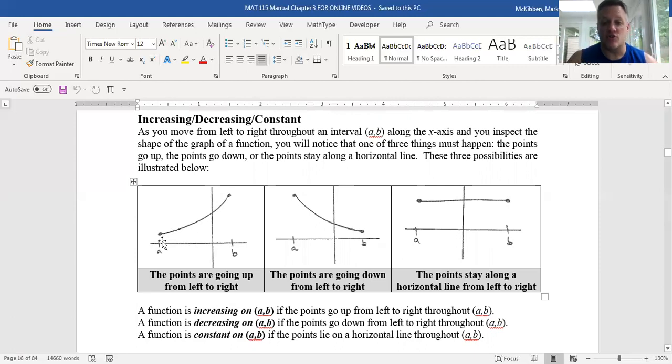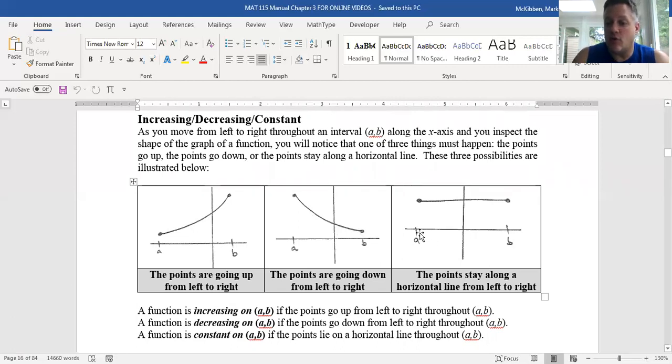Or if you want to think of it geometrically, the graph is literally rising from left to right. Likewise, we'll call this function decreasing on this interval because as you move from A to B, so from left to right in the domain, the function is falling, or what that means is the y values are getting smaller.